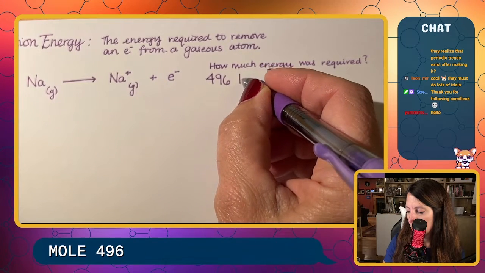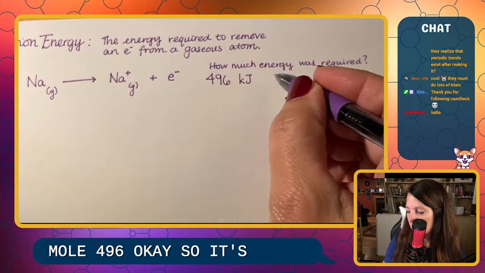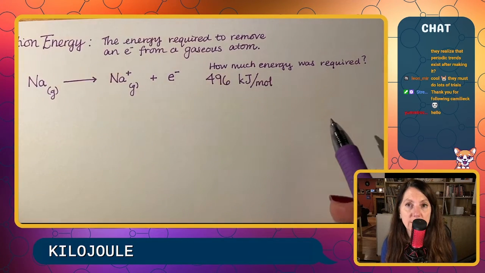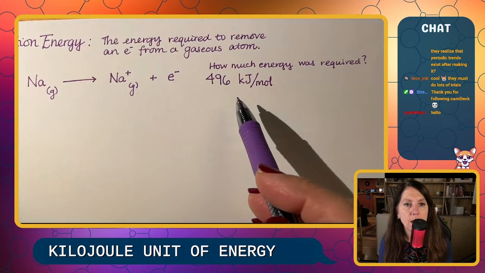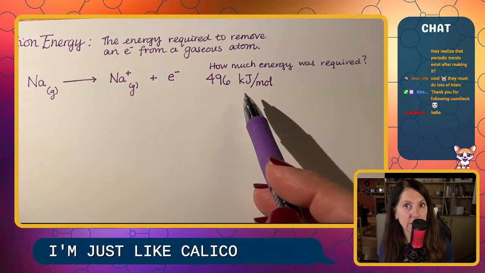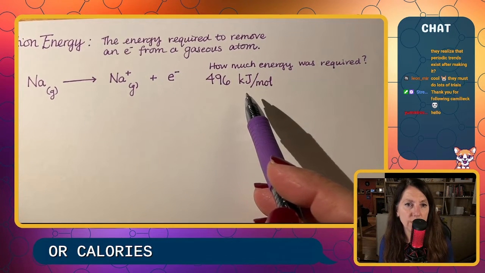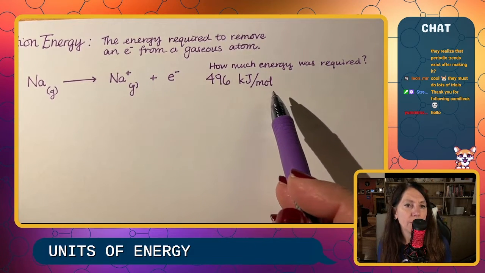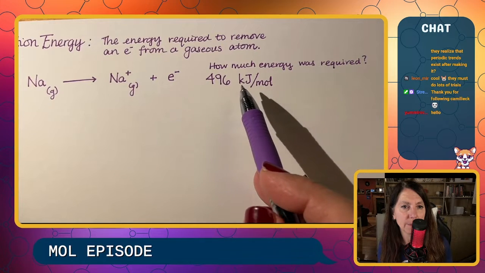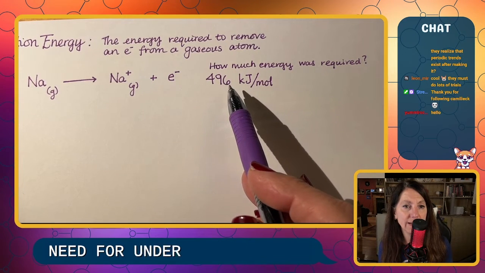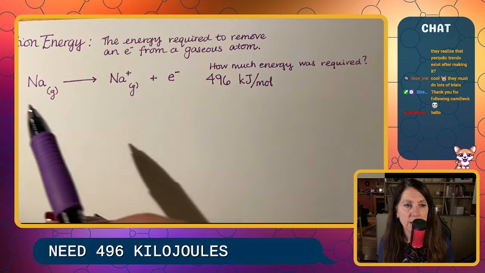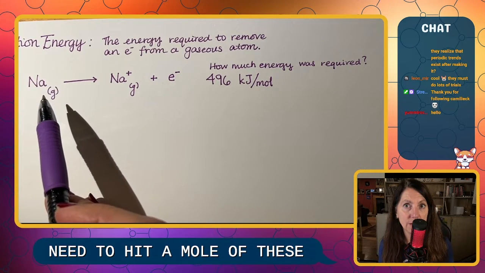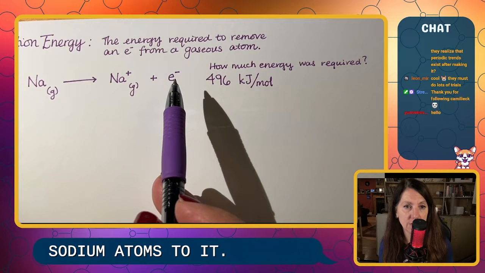Okay, so a kilojoule is a unit of energy. Just like kilocalories or calories are units of energy, kilojoules are also units of energy. And for 1 mole of sodium atoms, you need 496 kilojoules to hit a mole of these sodium atoms to eject electrons.